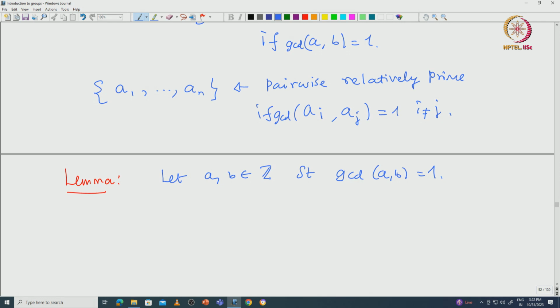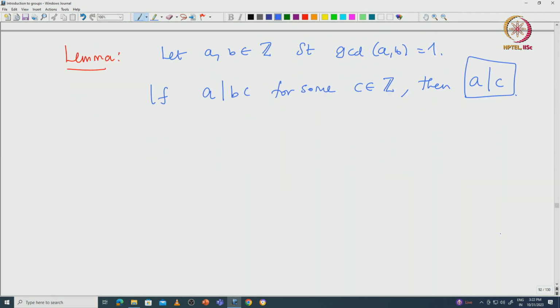Suppose A divides BC for some integer C. Then what we can conclude immediately is that A should divide C. Okay. Because the GCD of A, B being 1, they will not have any common divisors. So that is why if A divides BC, it should force that A divides C.